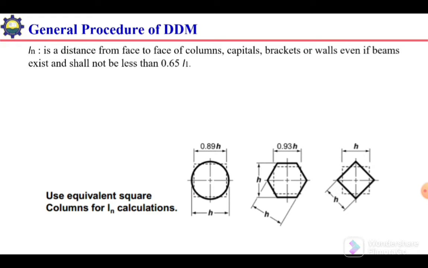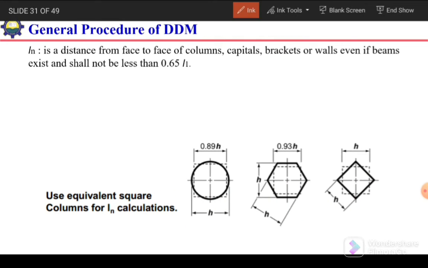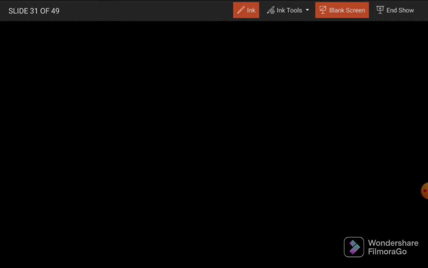Okay, regarding Ln, the clear span, we need to keep a few things in mind. So this Ln is the distance from face to face of the column, or column capitals, brackets, or walls, even if beams exist, and shall not be less than 0.65 L1. What does it mean?